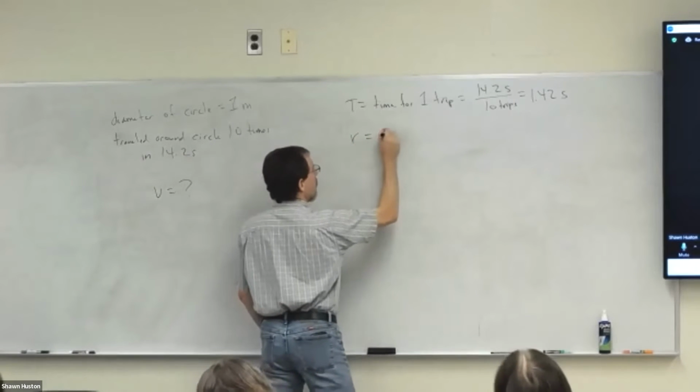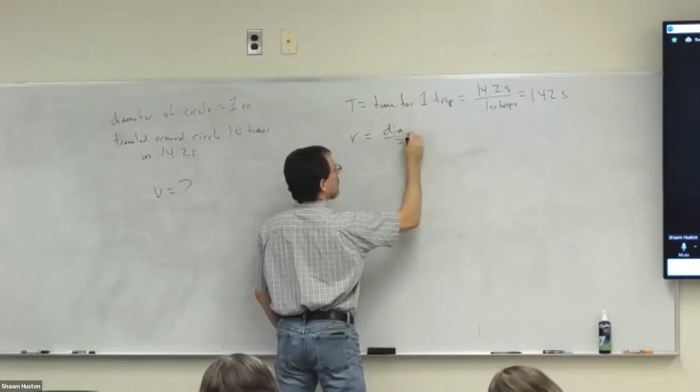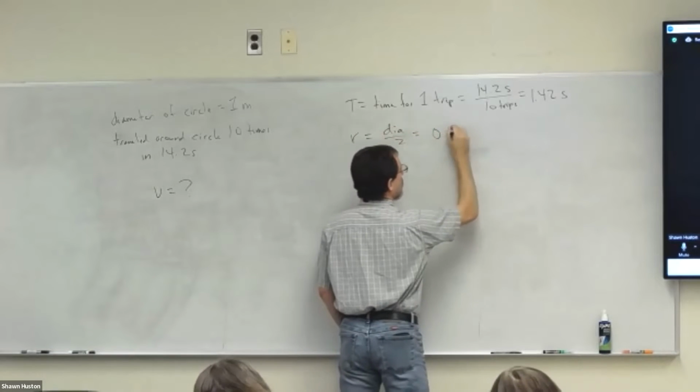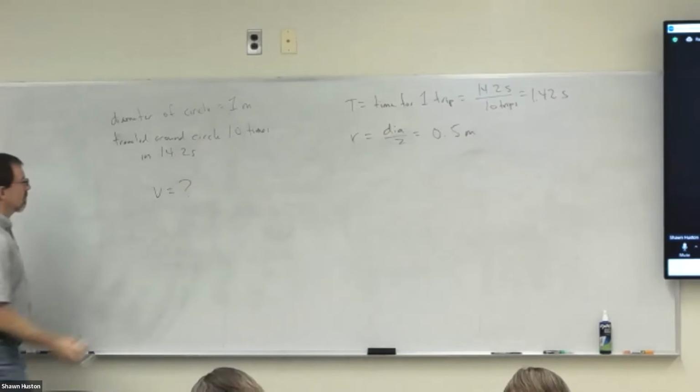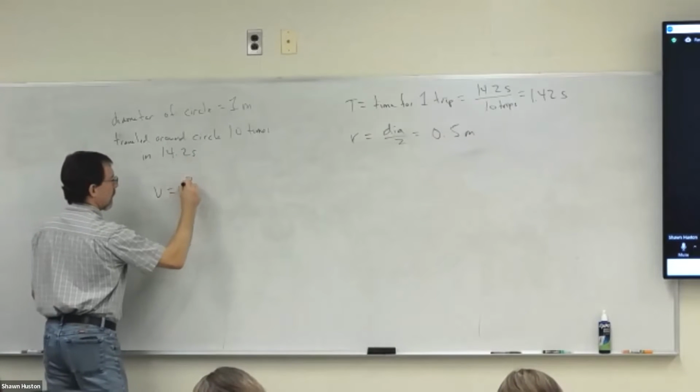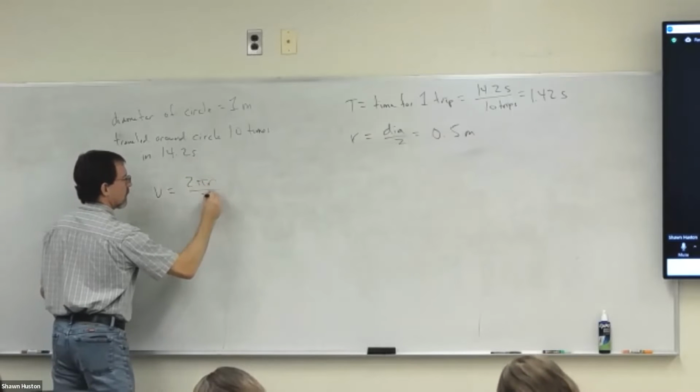The radius is going to be half the diameter. Diameter is 1 meter, so the radius is going to be 0.5 meters. And now we can just plug in the numbers.